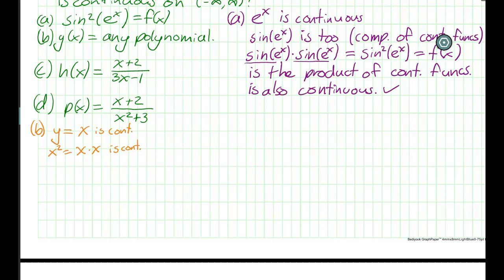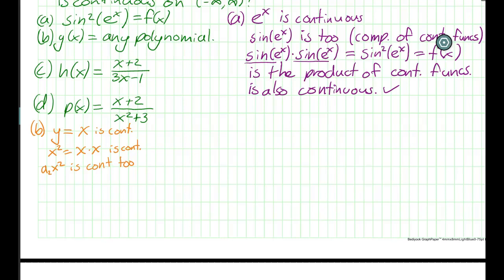We also know that if you multiply that by any constant, like a2 times x squared, that is continuous too, because that's a constant times a continuous function. And you could also take that and multiply it by x again.